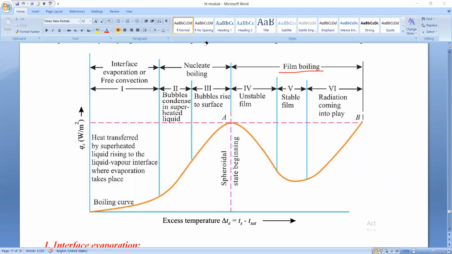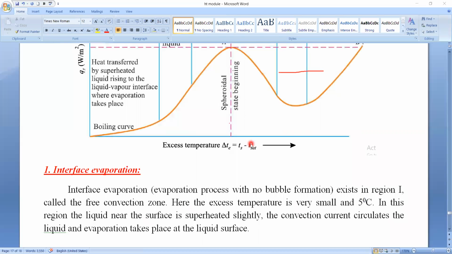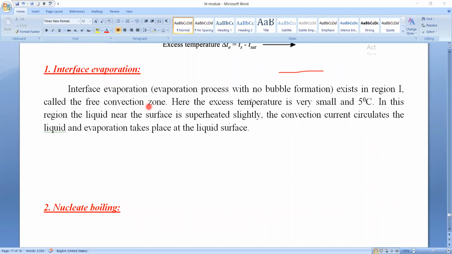Now let us discuss the first regime, that is interface evaporation. The interface evaporation, or evaporation process with no bubble formation, exists in region 1, called the free convection zone.